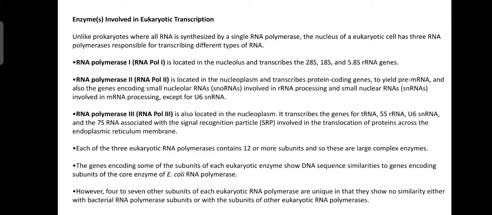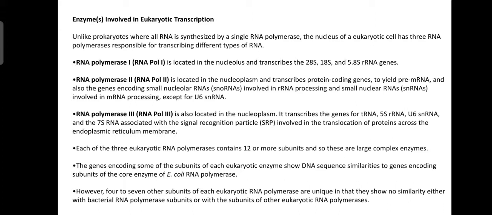So, for the enzymes, we can look at what their functions are and where they are located. Unlike the prokaryotes, where all RNA is synthesized by a single RNA polymerase, the nucleus of the eukaryotic cell has three RNA polymerases, which are responsible for transcribing different types of RNA.